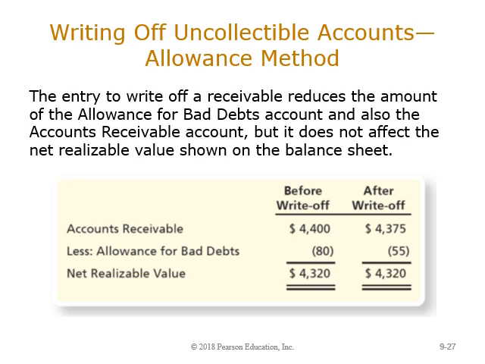After the write-off, our accounts receivable has decreased by that $25, so now it's $4,375. Our allowance for bad debt is a negative $55, which gives us a net realizable value still of $4,320. And this is the big thing: we want those numbers to stay consistent unless we're actually receiving money from a client or a customer.